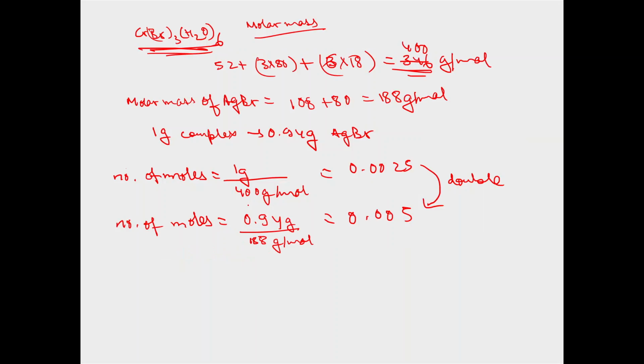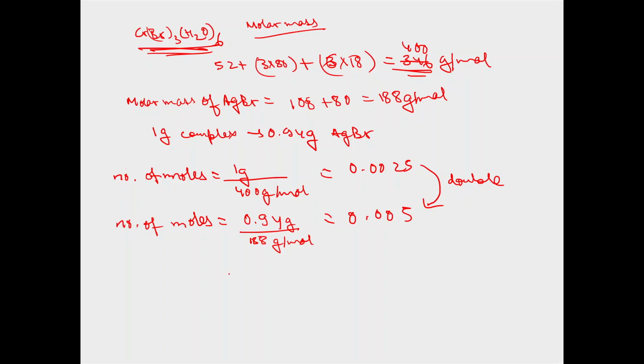Since from 0.0025 mole of the complex we are getting 0.005 mole of AgBr, for each 1 mole we are getting 2 moles of AgBr, right?